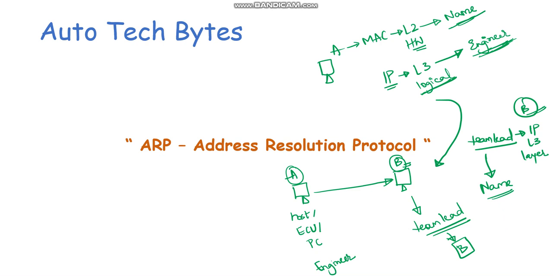You are personally meeting the person, and now what you will say is, hello sir, I am an engineer, my name is so and so. I know that you are a team lead, can you please tell me what is your name? So this is how the ARP protocol also works.